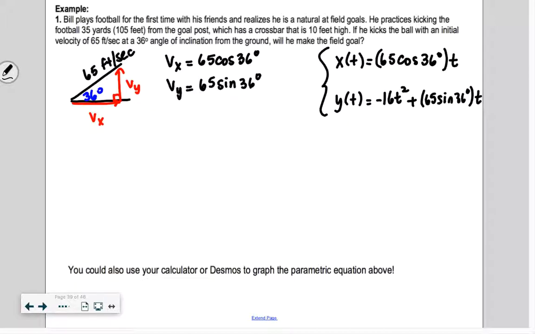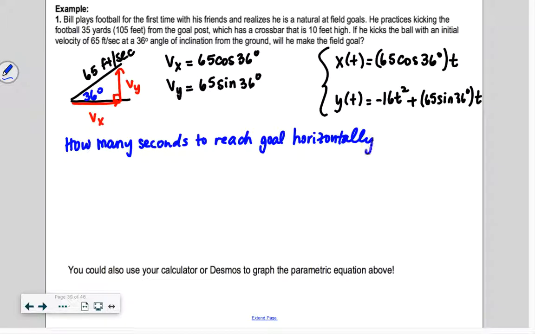I could find the height, or really I could say how many seconds to reach the goal horizontally, right? That's kind of what we're doing. So when do I reach a total of 105 feet? I set my 105 equal to my x of t equation.